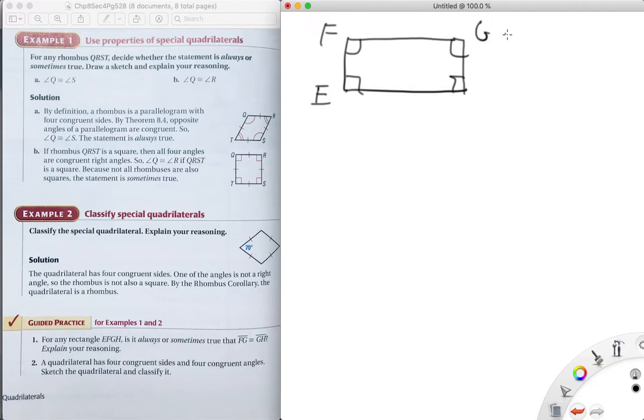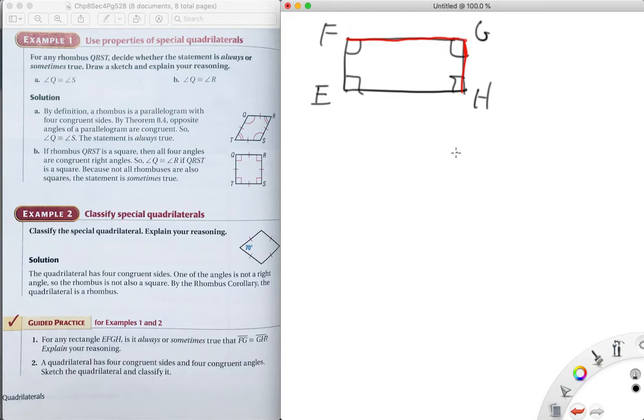They want to know if FG can equal GH. Is that possible? Always or sometimes? Well, in this case, that's not going to happen.